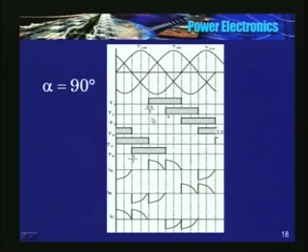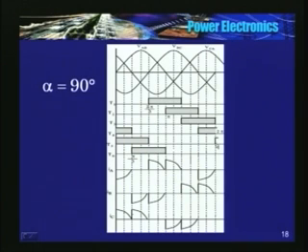After 60 degrees T2 is triggered, and again after 60 degrees T3 is triggered, and again after 60 degrees T4 is triggered, and again after 60 degrees T5 is triggered. This is 2 pi, just see here, this waveform has completed one cycle, VAB has completed one cycle, and at that instant T5 is getting triggered.